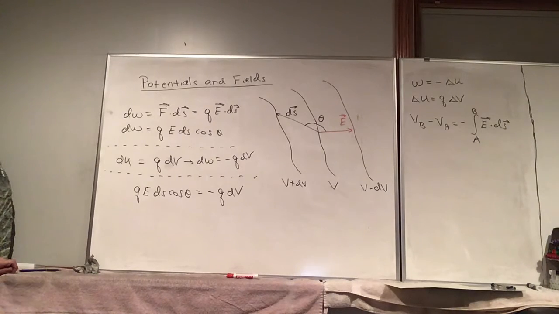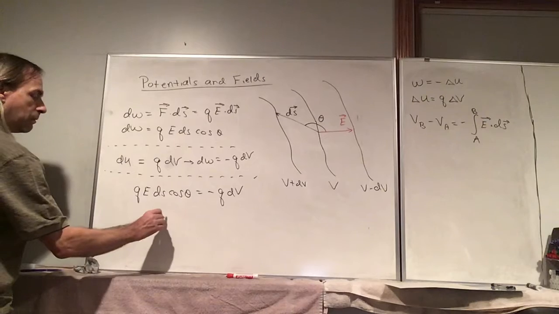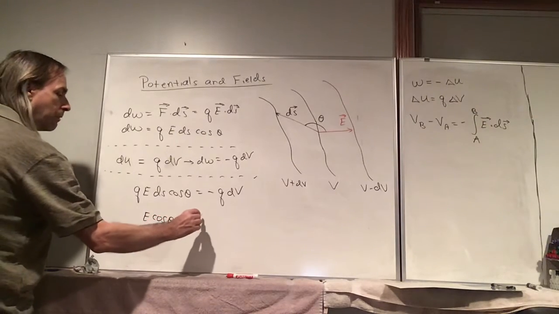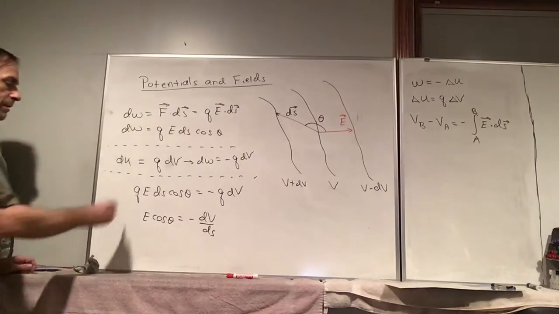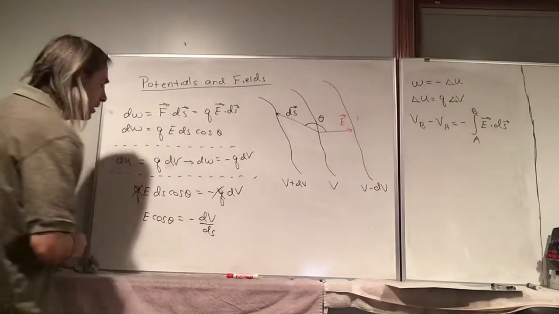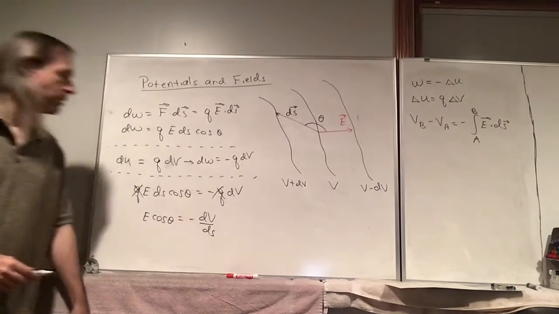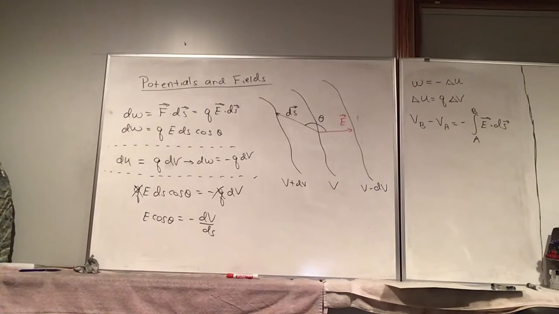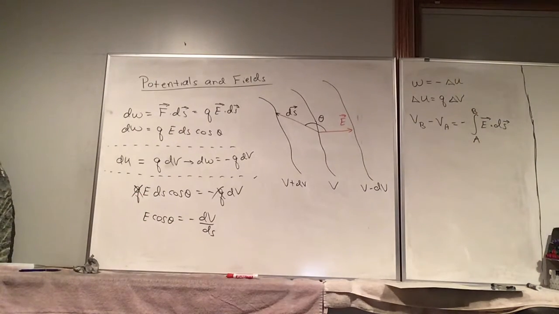And we can write this as E cosine theta equals minus dV ds. So the Q's cancel out. Now, if there's no mathematicians around, you can say we divide by ds. I know they don't like it when you say that. But the result is good. This is just the differential form of this. Different ways of saying the same thing.